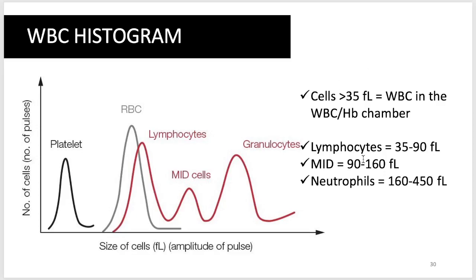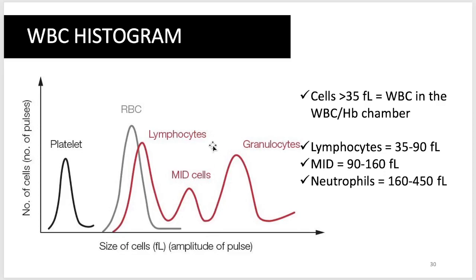Pag ang volume ng ating cells is around 35 to 90 femtoliter, that is your lymphocytes. Pero ang cells natin with 90 to 160, that is your mid cells.